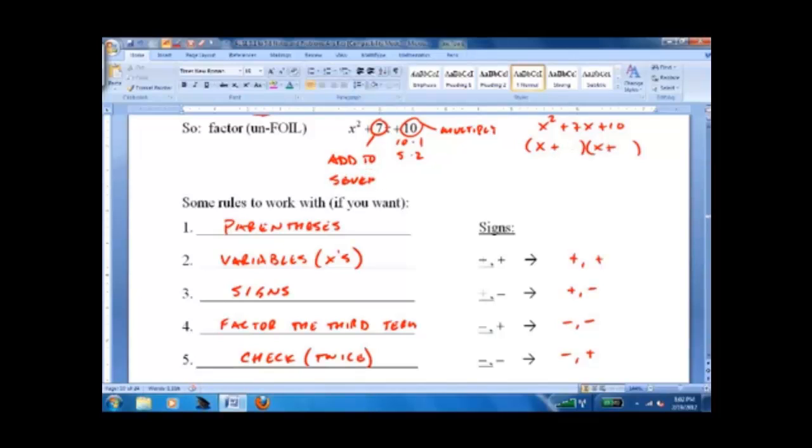In this case, it is adding. It's plus plus, so just add them up. That would be 5 and 2, so we write them in. 5 and 2. That's it. We're done. We factored it. It's a little tricky, but practice makes perfect.